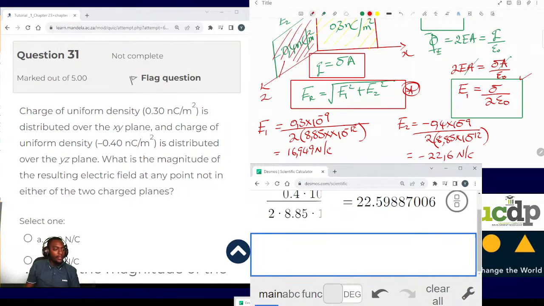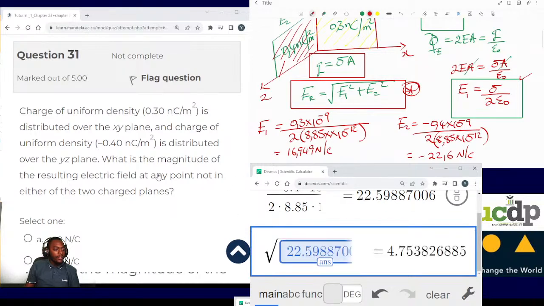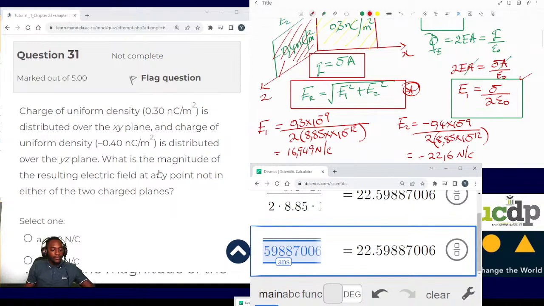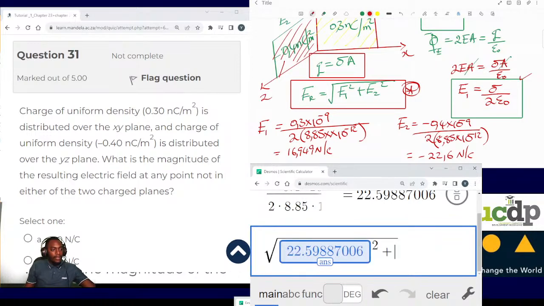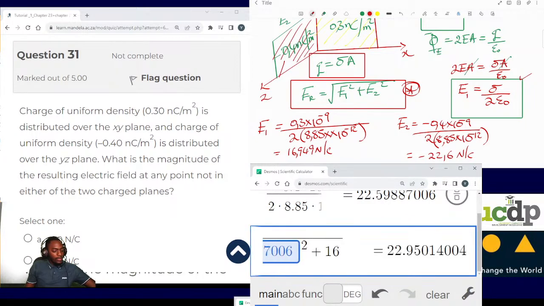Now, once we've done this, to find our resultant, we use that equation. We can say the square root of our answer squared plus 16.949 squared.